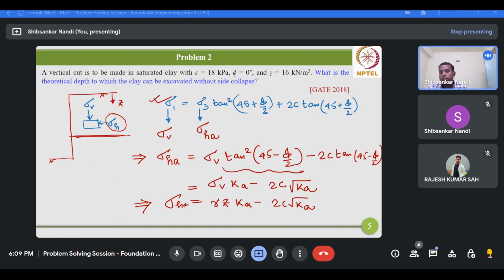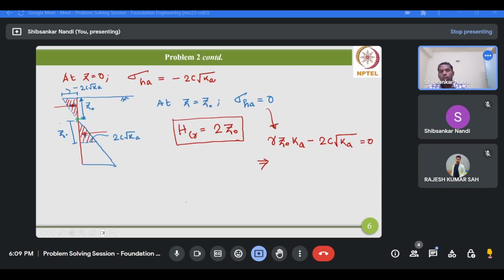For that, this sigma h would become 0. Therefore, gamma z0 times Ka minus 2c times root under Ka should become 0. So obviously, this z0 would become 2c by gamma times root Ka.